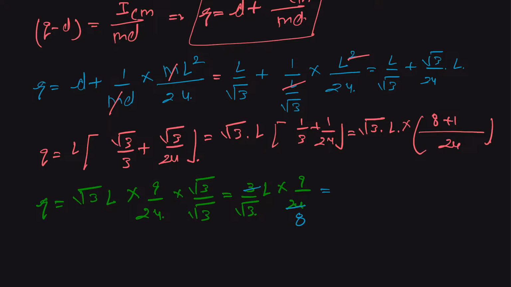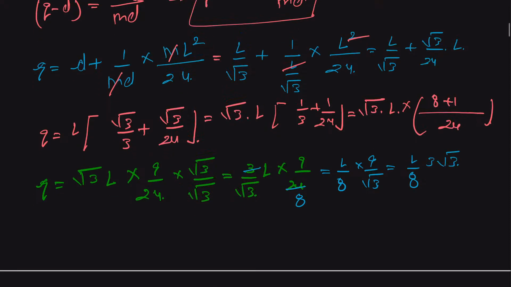So we get L upon 8, and we are left with 9 upon square root of 3, which can be written as 3 root 3. Once again, if you rationalize, we get the same. Therefore, the value of Q is 3 root 3 upon 8 times L.